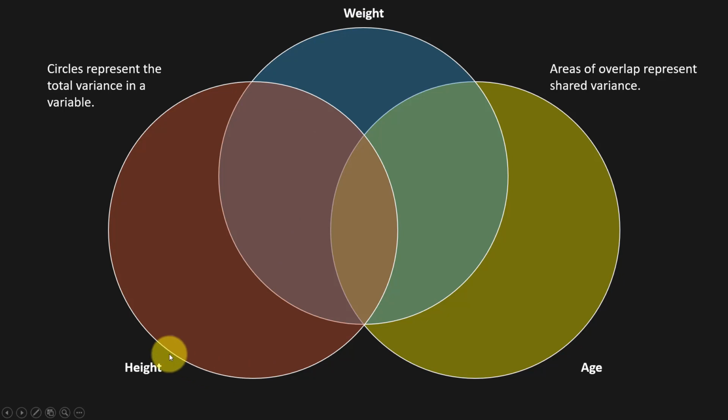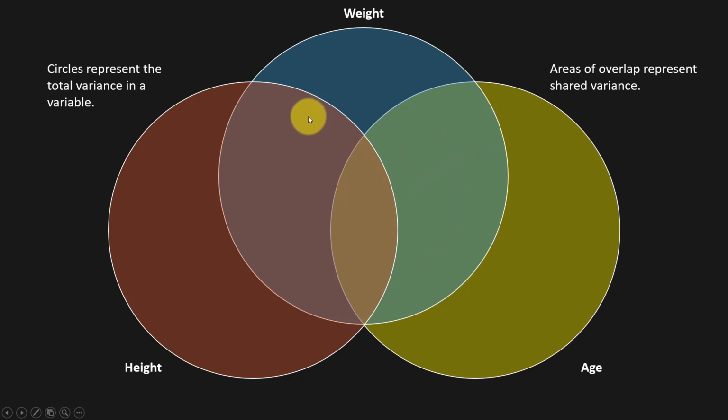Now, there's also going to be some total amount of error or variability in our x variable of height, and there's going to be some total amount of error or variability in our x variable of age. And these things will overlap because, as we said, as you get older, you also get heavier. So that's represented by the shared variance between weight and age.